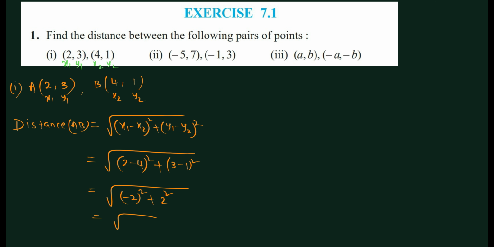Now this we can write as 4 plus 4, root 8. Root 8 we can write as root of 2 into 4, and root 4 value is 2. The answer is 2 root 2. The distance AB is equal to 2 root 2. Similarly, you do the second and the third.